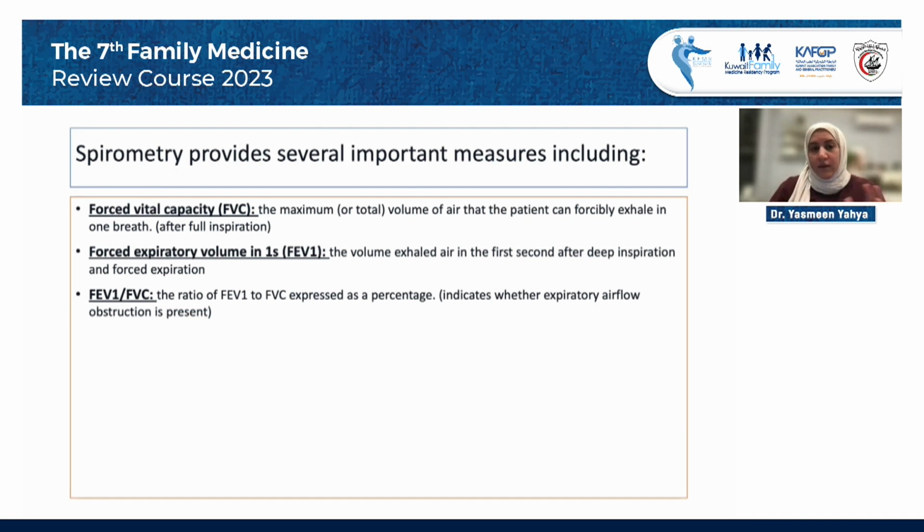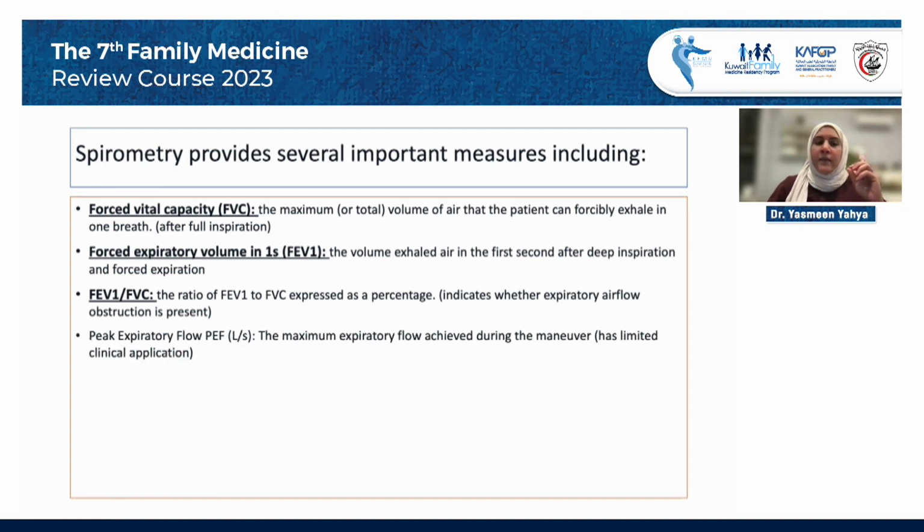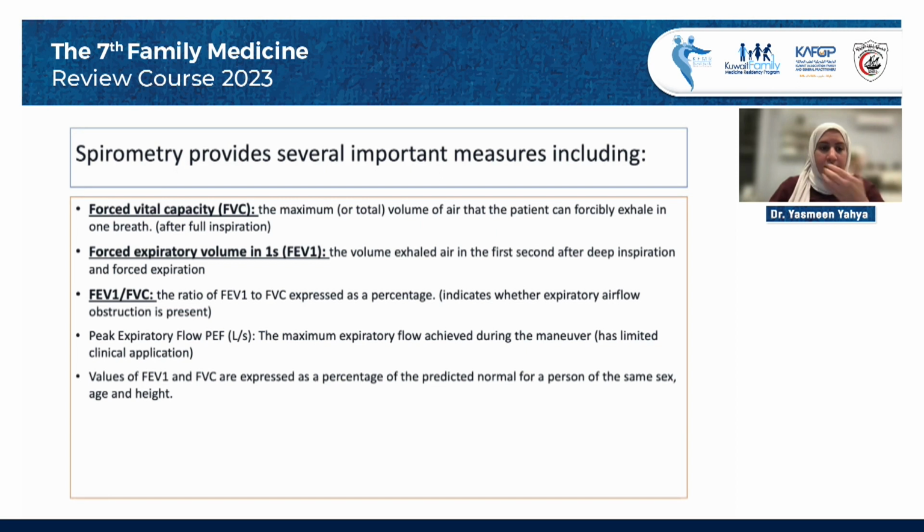So this is the third value that you need to look for in the spirometry, the FEV1 over the FVC ratio. Another, or a fourth, value that you can look at is the peak expiratory flow. It has limited clinical application, but may be helpful in asthmatic patients.